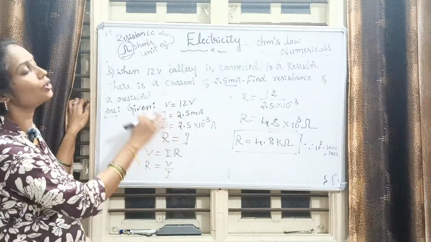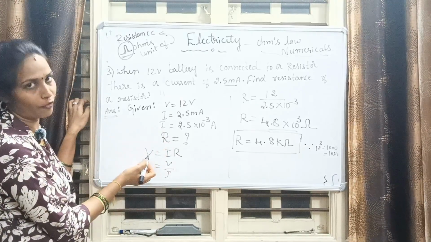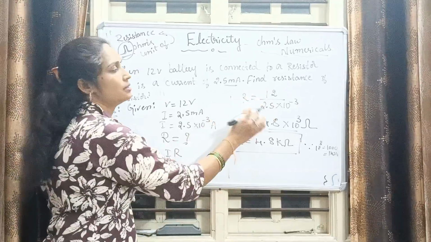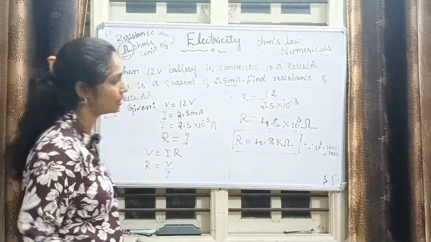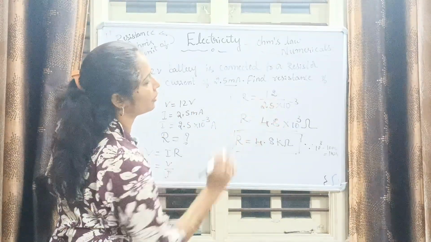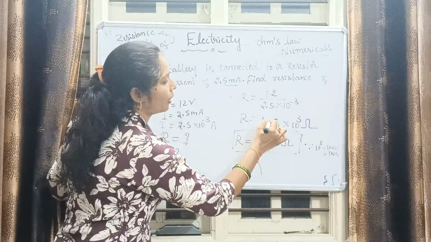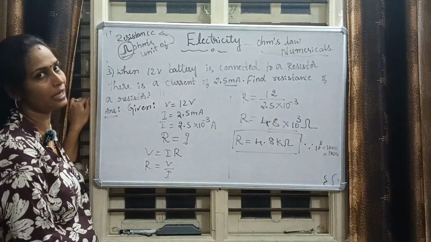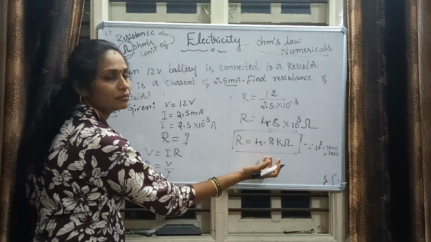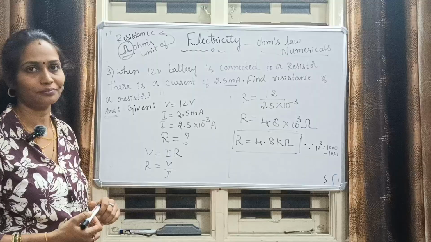We have to calculate R by one formula, V is equal to I into R, R is equal to V divided by I. Just note down whatever terms they had given: 12 divided by 2.5 into 10 to the power of minus 3. It is around 4.8 into 10 to the power of 3 ohms. 10 to the power of 3 means kilo, so I can write 4.8 kilo ohms. Okay.